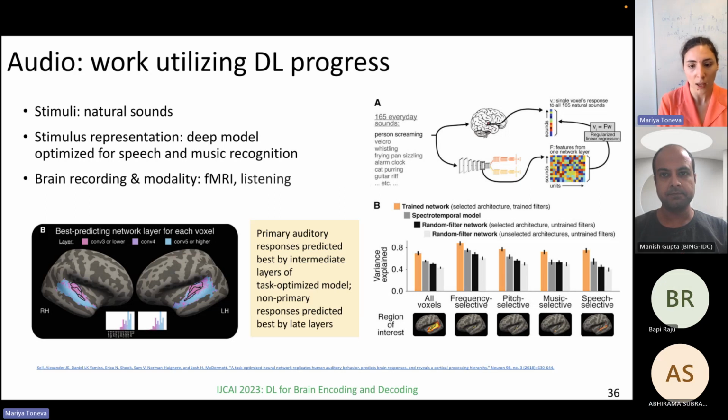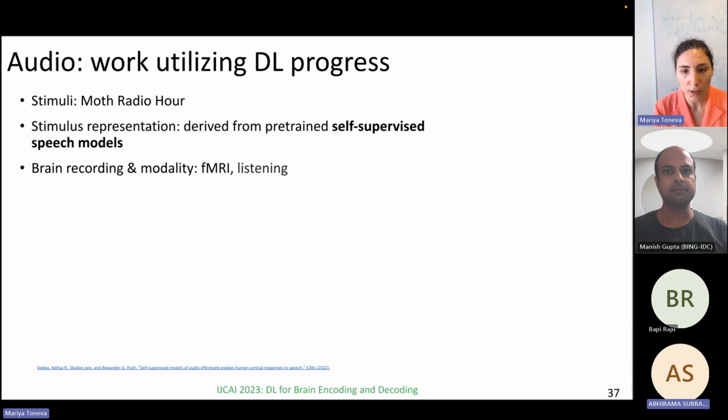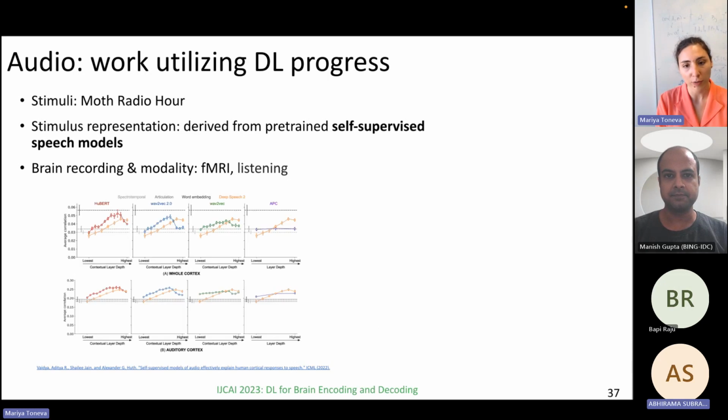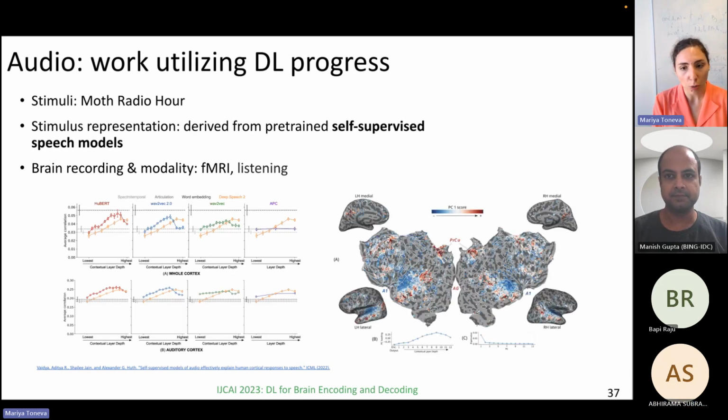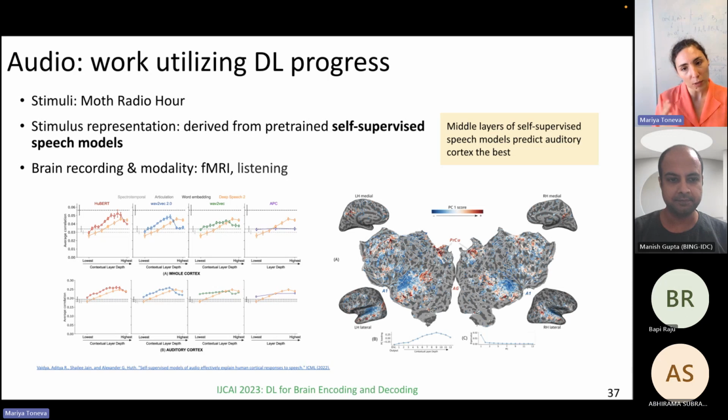And maybe one more work here is a more recent work that uses self-supervised speech models, like Wav2Vec, for example, if you're familiar. They looked at how we can predict the brain response from different layers of Wav2Vec. What they showed was that, again, the middle layers of the self-supervised models predict the auditory cortex in the brain best.